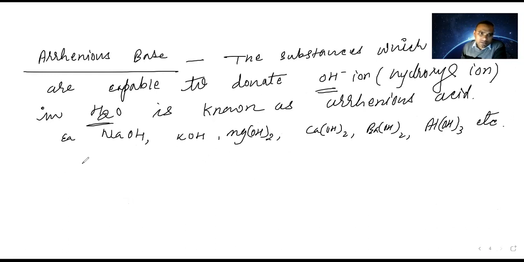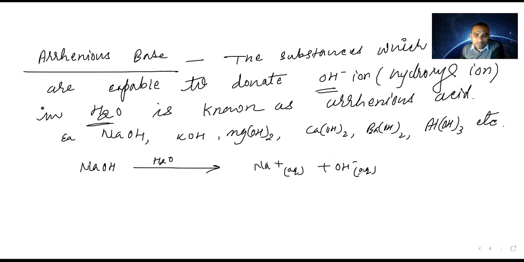So let's see, NaOH. This is a solid, but if you are dissolving NaOH in water, what is it going to give? It is going to give Na plus ion in the aqueous medium plus OH minus ion, also in the aqueous medium, right?